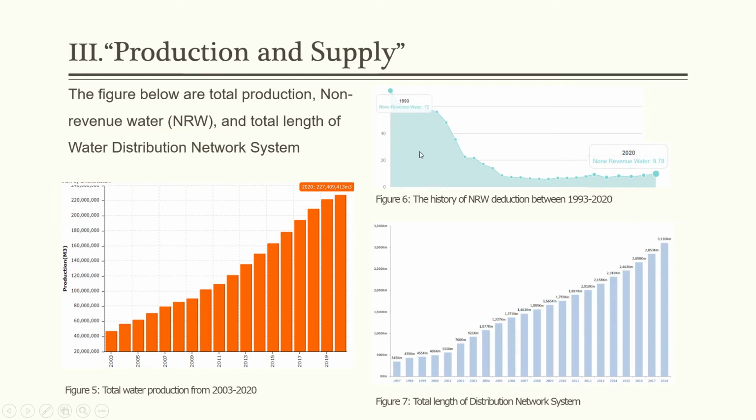And figure 6 is the history of non-revenue water reduction between 1993 and 2020. As you can see, in 1993 non-revenue water in Phnom Penh city was very high, with the highest value around 72%, and in 2020 the number of non-revenue water is around 9.78%.